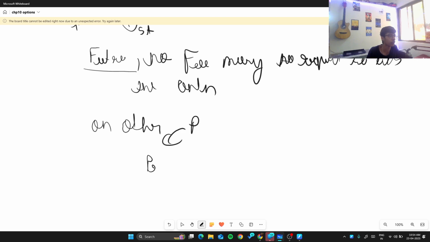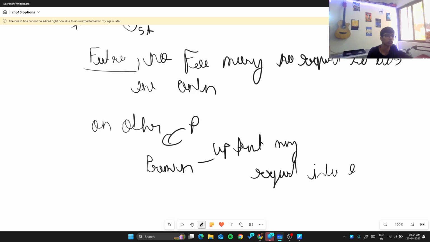That is called premium. Premium is upfront money required to enter into option. So in future there is zero premium, and in option there is a premium based on the stock price and everything.